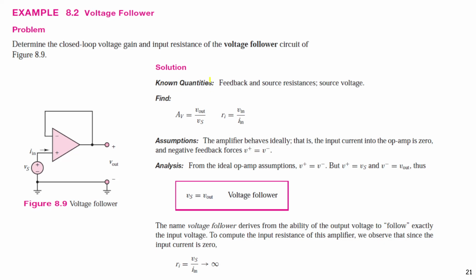Then we can also have the circuit called a voltage follower. Whatever Vs, we will get Vout at the same value. This is a voltage follower without any resistance; it just follows the voltage here.